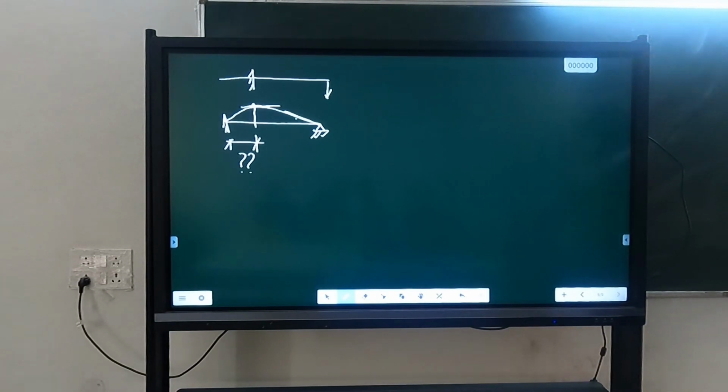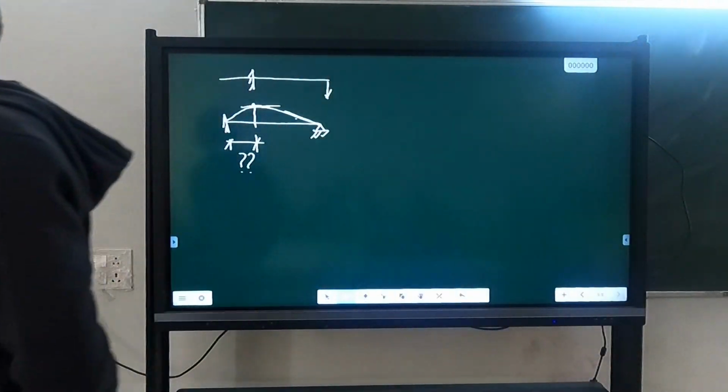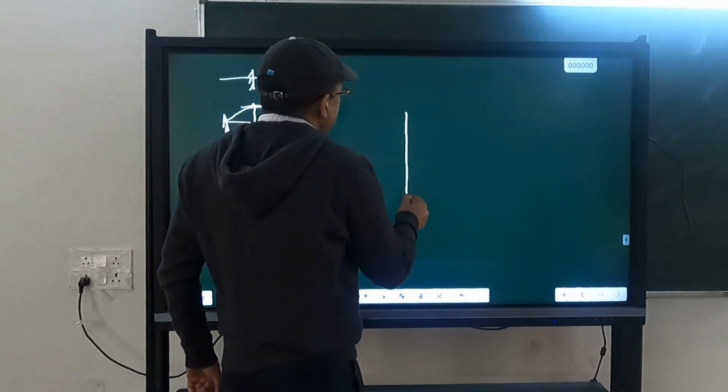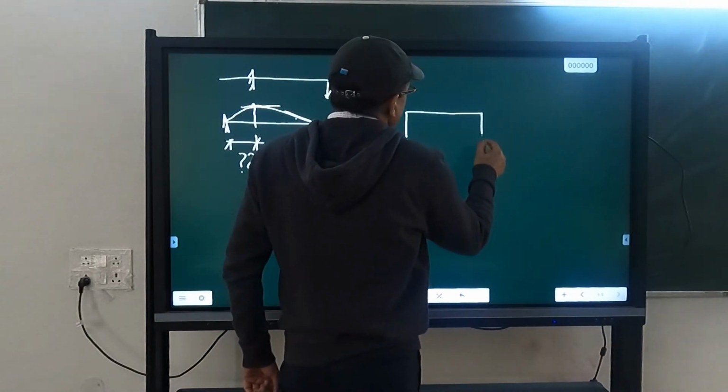Any other doubt? Yes. No, this is something different. This is interstory drift. So interstory drift is neither yield nor ultimate.